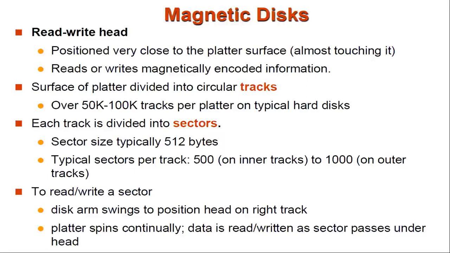To read and write sectors, the disk arm will swing to position the head on the right track. Whenever data is written to the disk, or read from the disk, the disk arm will move accordingly to the particular block or sector where the exact data is saved physically, and in that location the read-write head will move.